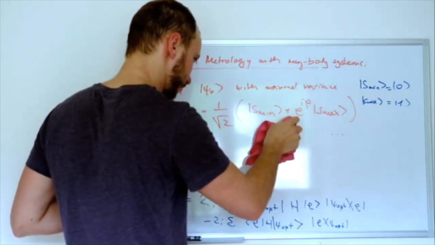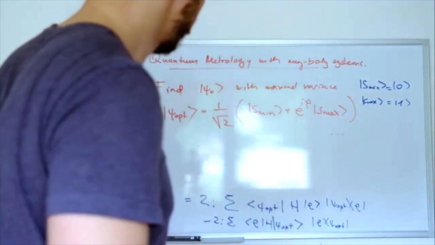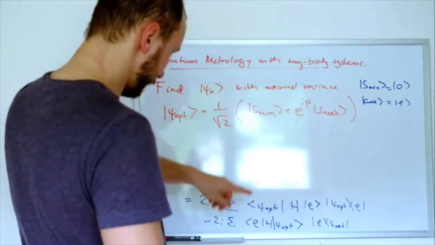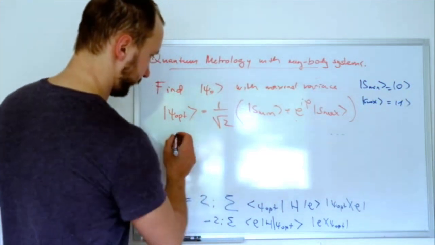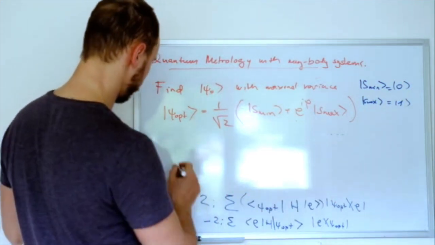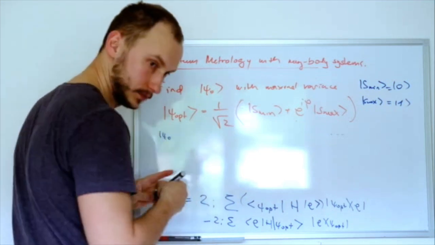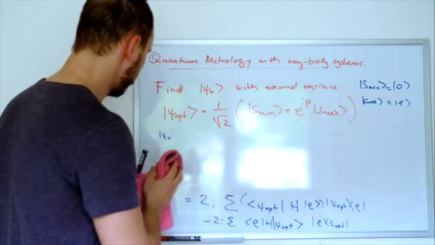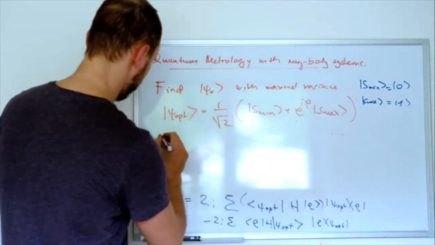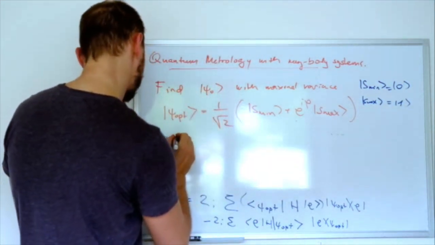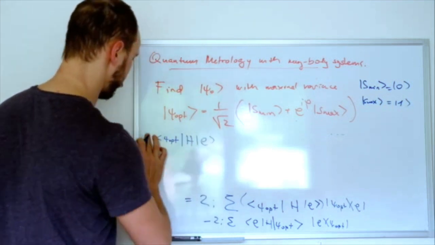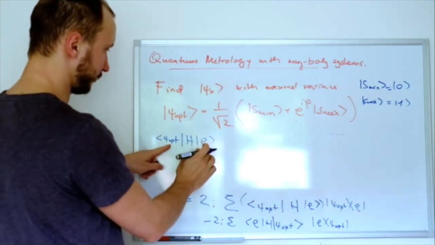So now let's look at this expression: <psi opt| H |L>, summed over L. L's are all the states orthogonal to psi opt.